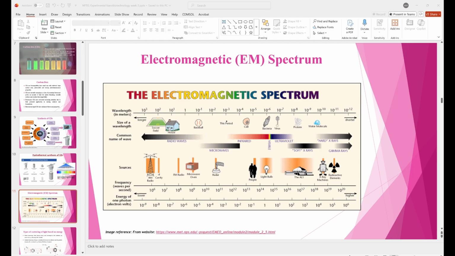So there are different types of scattering of light based on energy. I think you have heard the terms elastic scattering and inelastic scattering. So what is elastic scattering? In elastic scattering, the total kinetic energy and wavelength of the radiation are conserved.